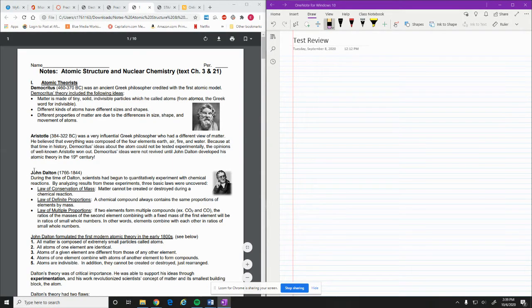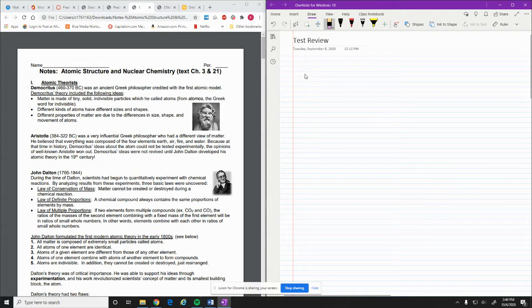So write John Dalton, law of conservation of mass, where matter cannot be created or destroyed during a chemical reaction. And that's true. Think of fire burning a wooden log. The wood gets turned to ash, but you have the same amount of wood that you started with in the beginning as you do at the end if you're adding everything up, including the smoke.